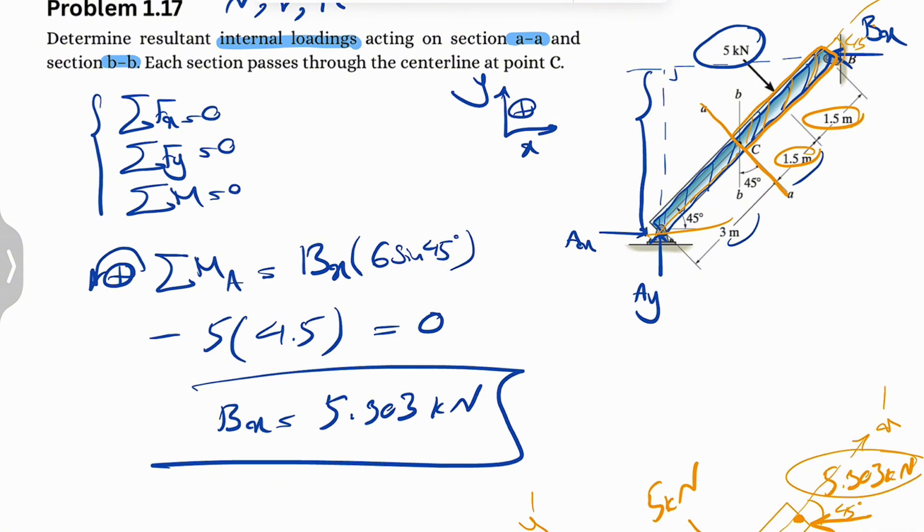For the B part, let's just move on to a different color. So this will be our section. So we can see that the cross section is a bit different, and if that's the case, we're going to have different normal force and shearing force. So let's consider this. This is going to be our cut.